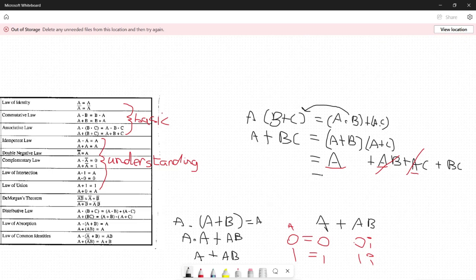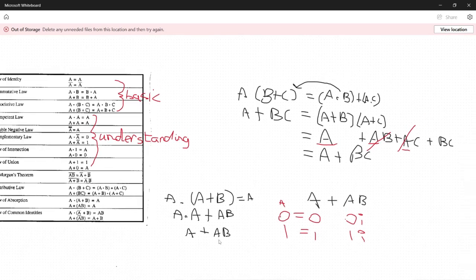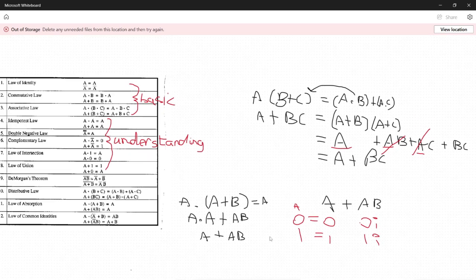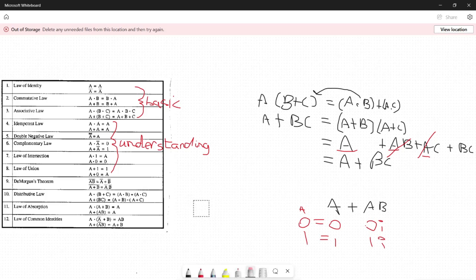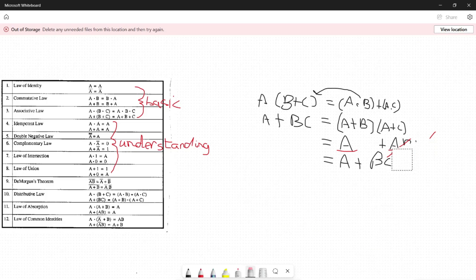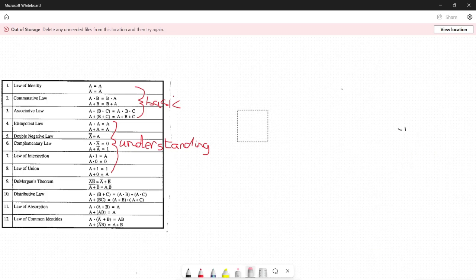And this just gives us A plus BC. So nothing too much there, though this took a bit more time to understand. Now, once again, these are very important laws to figure out and to try and understand.